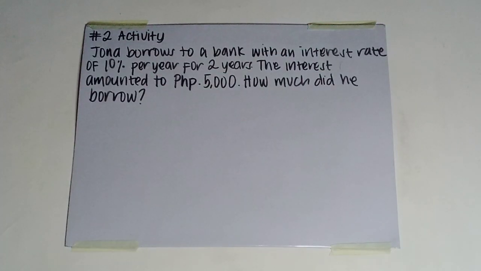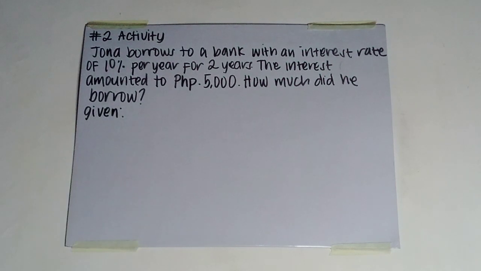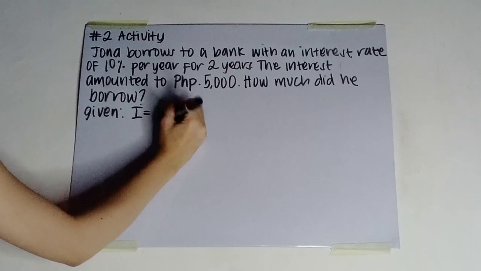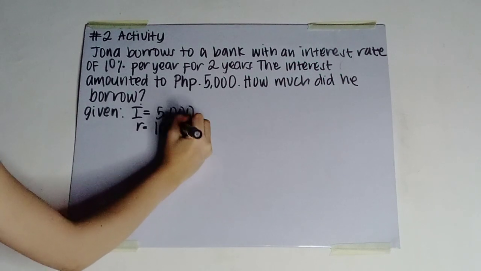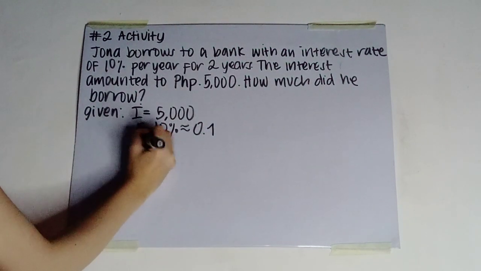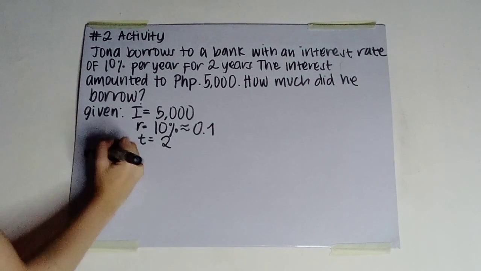And activity number 2, Jonah borrows from a bank with an interest rate of 10% per year for 2 years. The interest amounted to 5,000 pesos. How much did he borrow? Okay, write the given. I is equal to 5,000 pesos. R is equal to 10%, converted into decimal, 0.1. Time is 2 years. And write the solution.